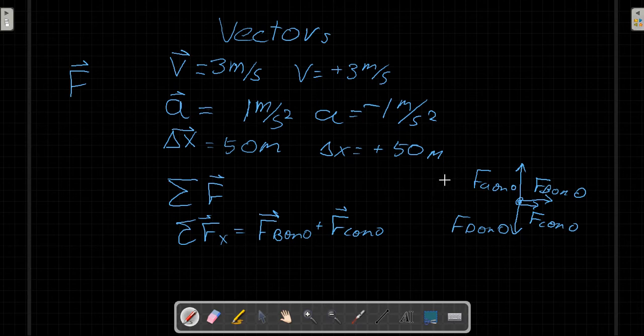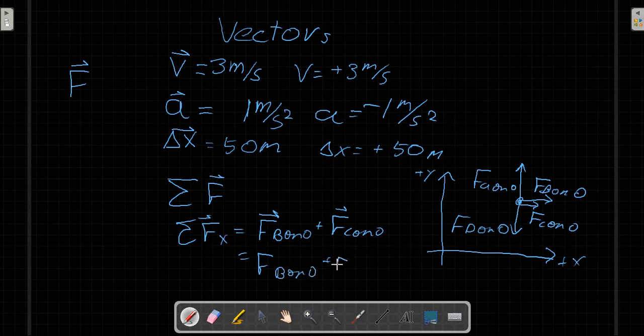If we have our axis, let's say, be like this, we'll call this plus x, and we'll call this plus y, then we know that both of these are in the positive direction, so we can now put in F_B on O plus F_C on O. Right, so this would be for the sum of the forces in the x direction. I've taken away the arrows, I've decided on their direction.